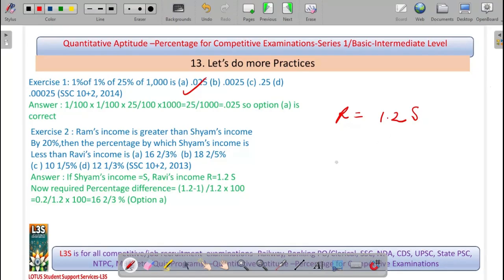So how much is Shyam's income less than Ram's income? So that is 1.2 minus Shyam's income 1, divided by Ram's income, into 100.